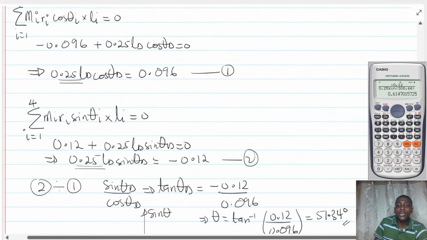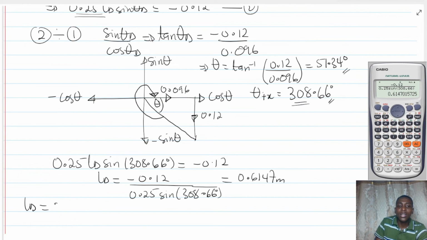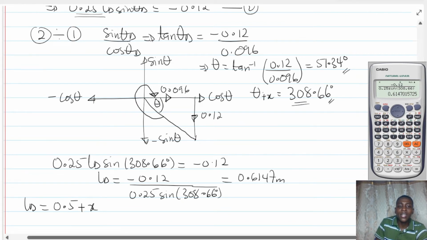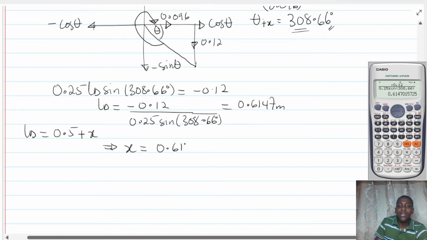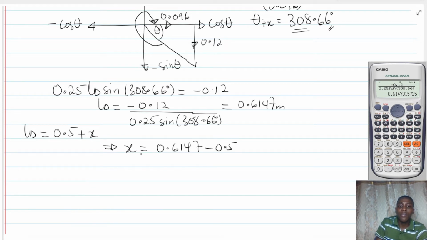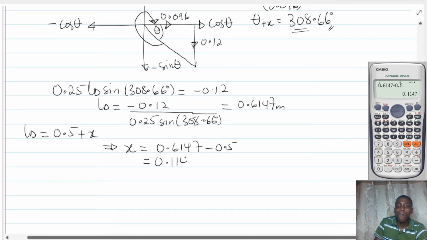So if I want to solve for x, x is going to be 0.6147 minus 0.5, and that will be the axial distance between masses C and D. The answer I'm going to get is 0.1147 meters, so approximately 114.7 millimeters.